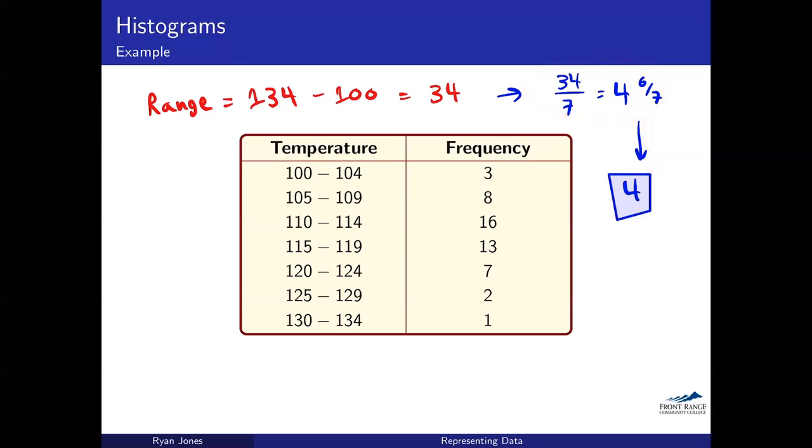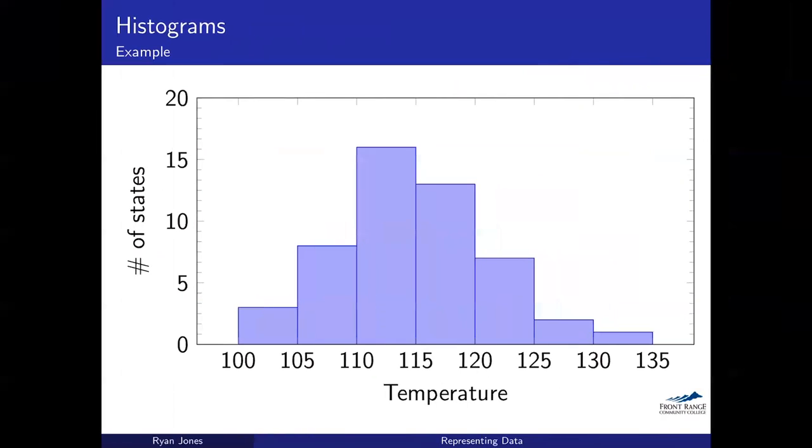That way will work. Guessing and checking is a great option as well. But once you have your 7 or however many intervals, and your appropriate interval widths of 4 or whatever you decide to do, you'll make your histogram here, and then you're all good to go.